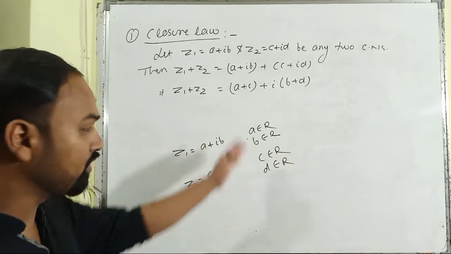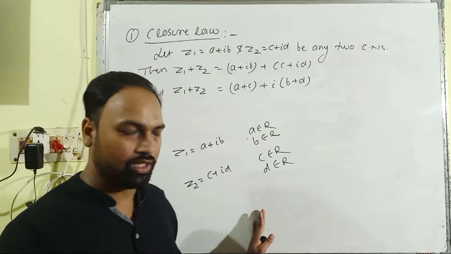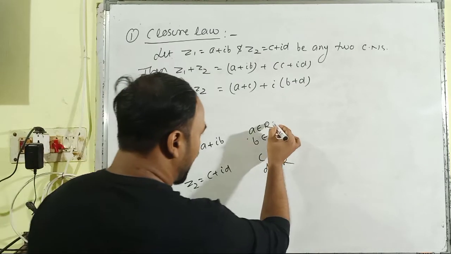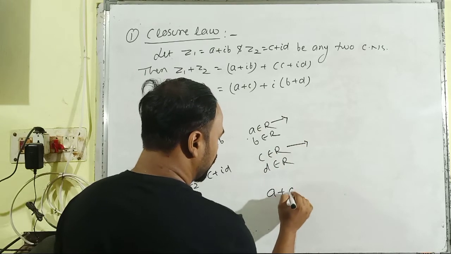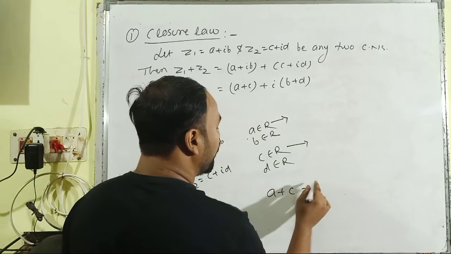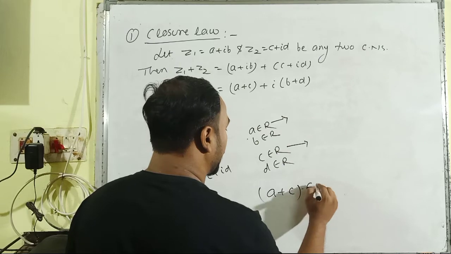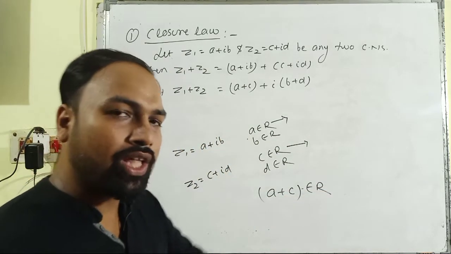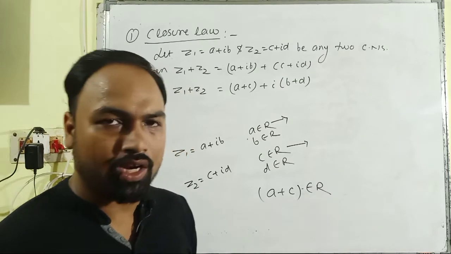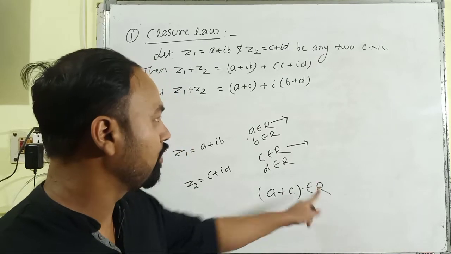That means all of them belong to the real number set. So when you add a with c, it will again belong to the set of real numbers, because a is a real number, c is a real number, so their addition will be in the set of real numbers. So a plus c is a real number.